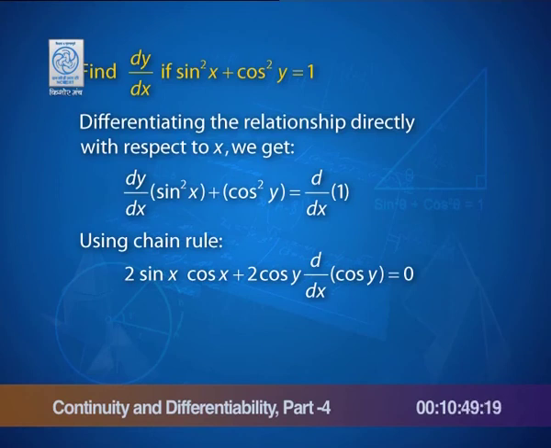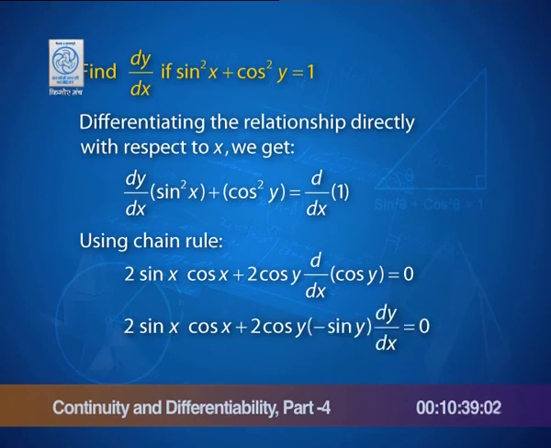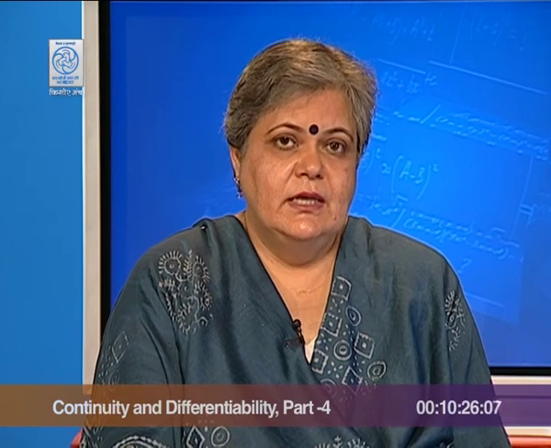Further, this becomes the same as 2 sin x cos x as it was, plus 2 cos y, and now the derivative of cos y using the chain rule is minus sin y into the derivative of y with respect to x. From here, we will just now separate out what dy by dx is.